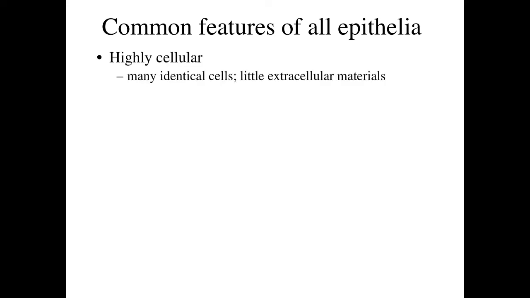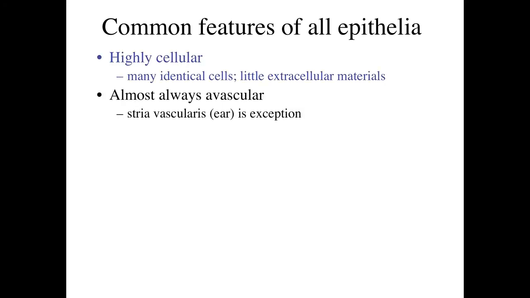Some common features of all epithelia. Epithelia are highly cellular. There may be many identical cells in an epithelial sheet, but with little extracellular matrix material. Epithelia are almost always avascular, that is, they don't have a blood supply, so to get nutrients there has to be diffusion.